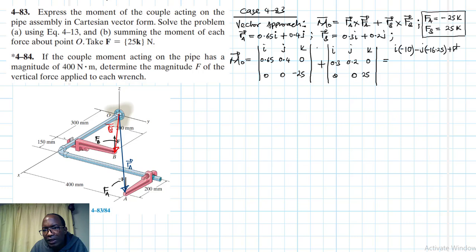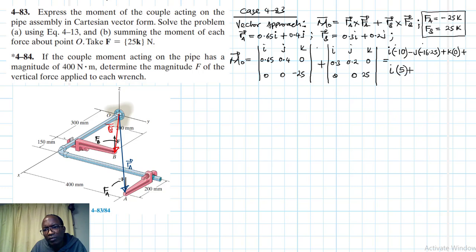Then plus k, what do we have? That's a 0. This is the first bracket. Okay, then plus i there for this one is 25 by 0.2, which is just a 5, right?